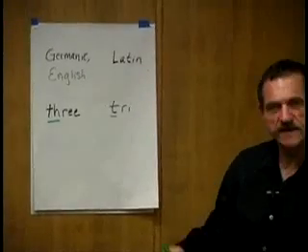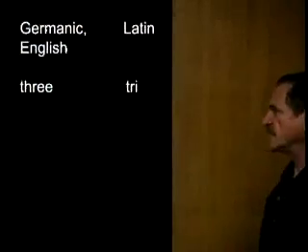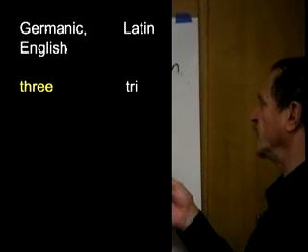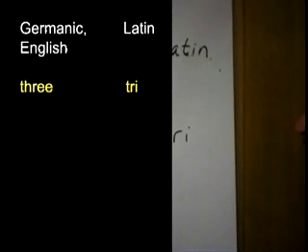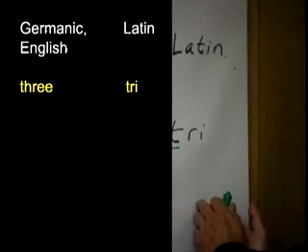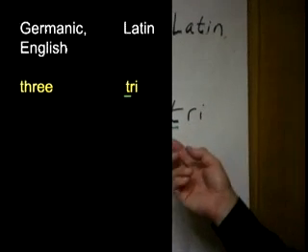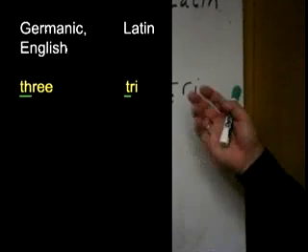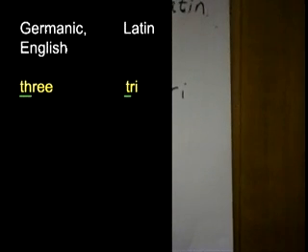Simpler example, you just go up the numbers. We see the TH sound of three is related to the T sound of Latin tri. So it's not just that Latin D is related to Germanic T, but Latin T is related to Germanic TH. So we have triangle from Latin.